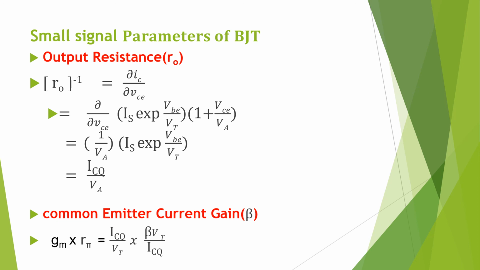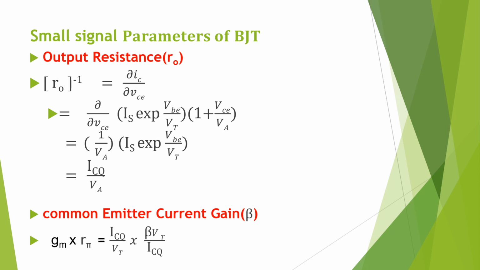If we reverse bias the base and collector with more and more voltage, what happens? The base width will be modulated. That effect is called base width modulation or early effect. This happens when VCE attains a large early voltage. So we have included this effect here.